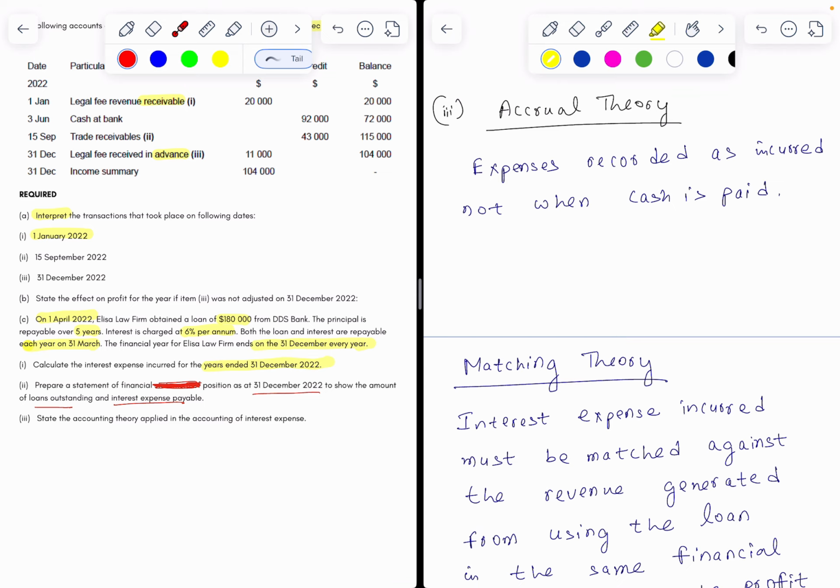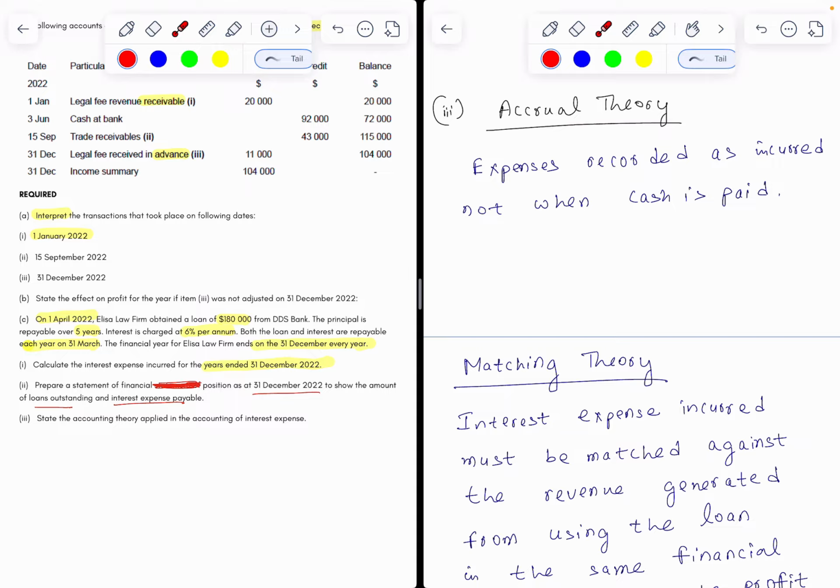So let's discuss 2 theories, starting with the accrual theory. The accrual theory simply states that revenues are to be recorded as they are earned, not necessarily when you receive the cash, and expenses are to be recorded as they're incurred, not necessarily when cash is paid.